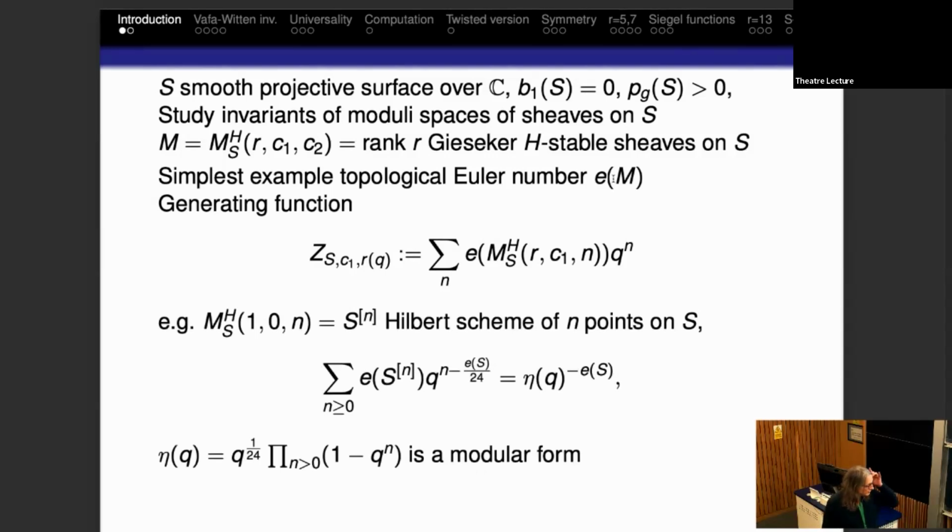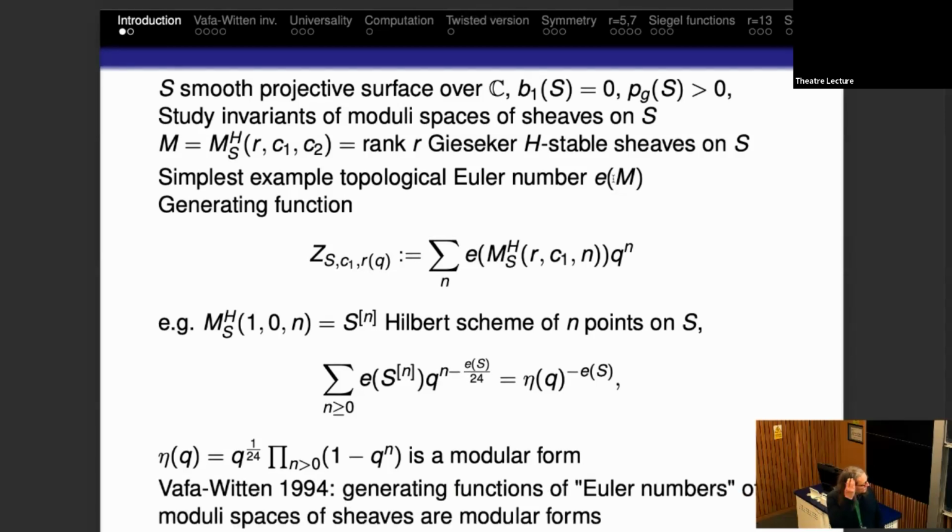In that case, the generating function for the Euler numbers as above is, up to this trivial shift, just the eta function to the power minus the Euler number of the surface, where this eta function is the 24th root of the discriminant function and is a modular form of weight 1/2.